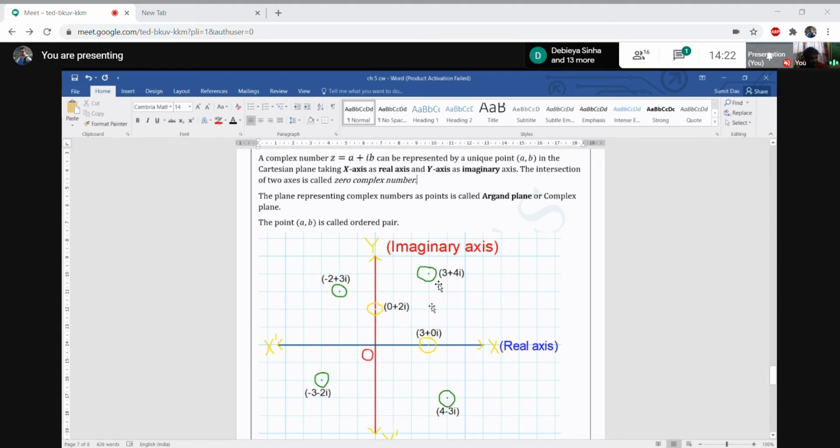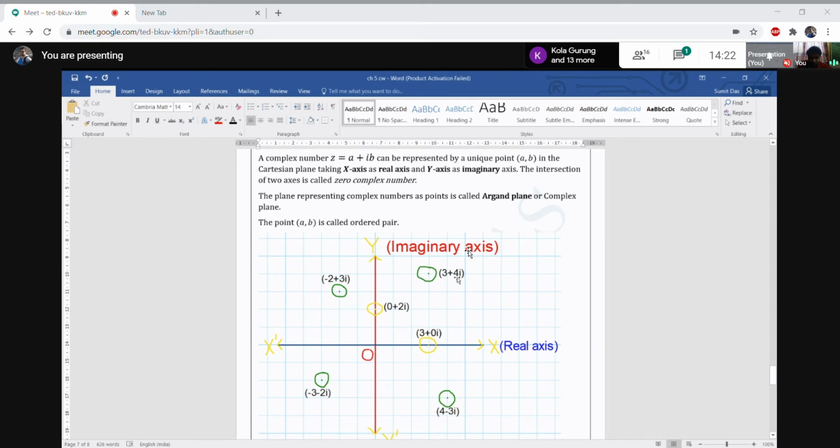Like we learned the Cartesian plane last time when we used to plot. So how to plot? Plotting is very easy. Suppose we are going to plot 3 + 4i. That means 3 is the real part and 4 is the imaginary part.